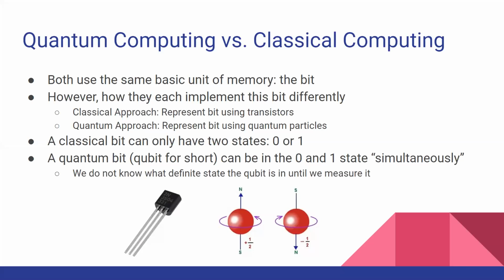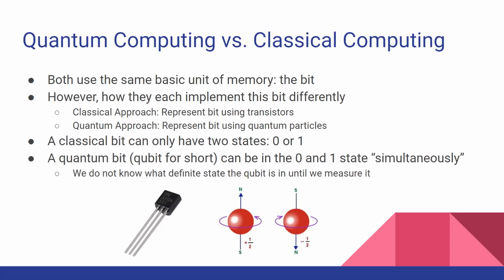In the classical approach, the most popular way, of course, is to represent a bit using transistors, because transistors can have an on and off state. Way back in the day, it used to be things like vacuum tubes, and relays could also do something similar, but the transistor was the more efficient way and is the way we use today.